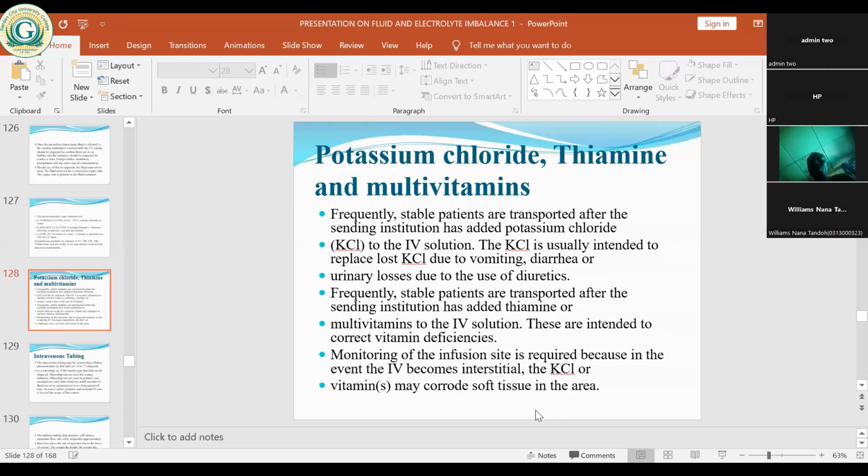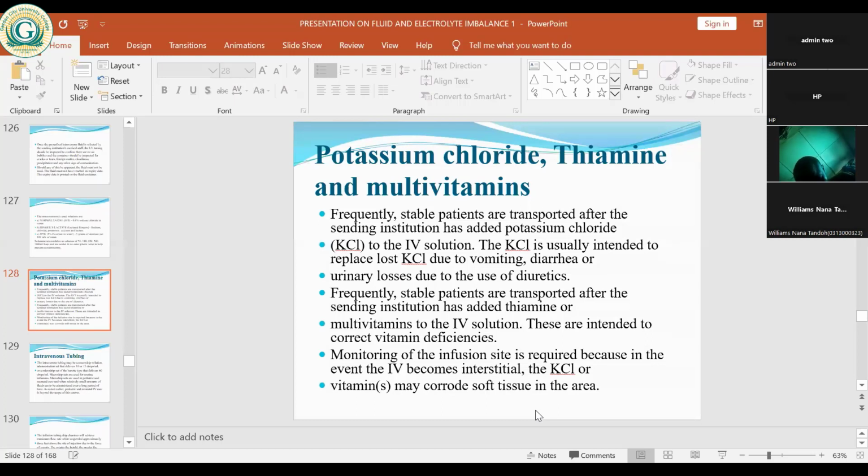This patient is losing potassium, and hypokalemia has a consequence on the myocardium. It causes arrhythmias. So why not infuse or have a solution that contains potassium and chloride to replace the lost elements?